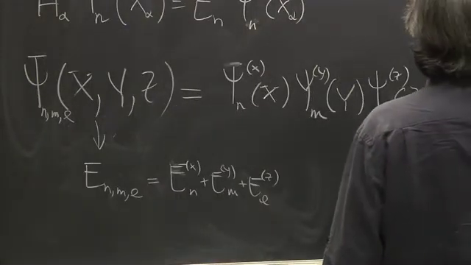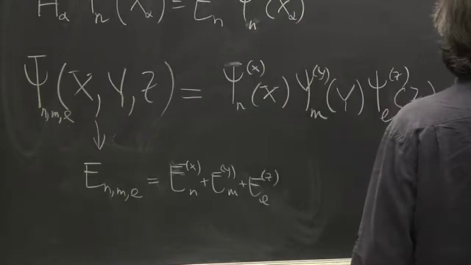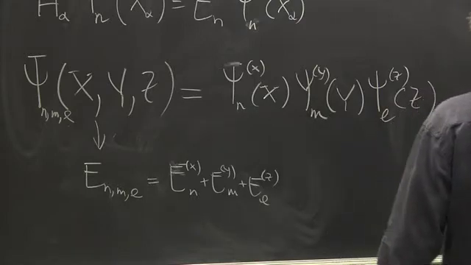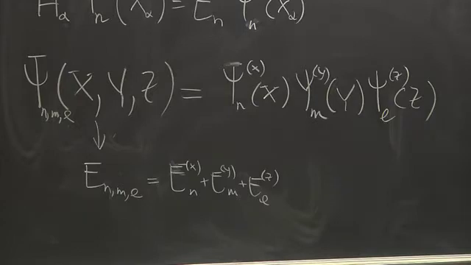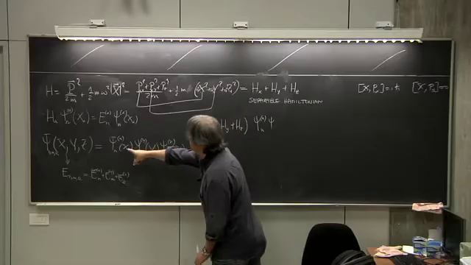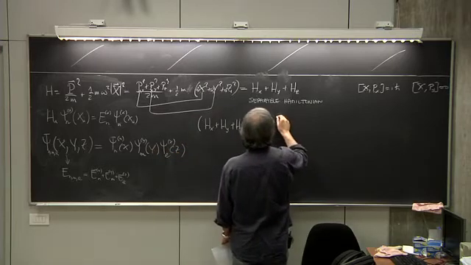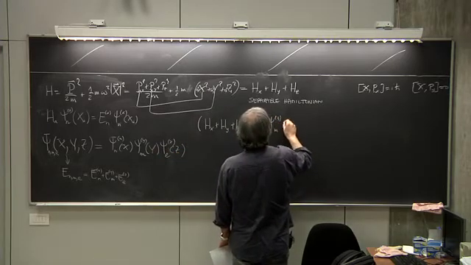So you have the Hamiltonian, that is the sum, acting on the wave function, that is the product. Let me be sketchy, not to indicate the x and y and z, because you know what they are.